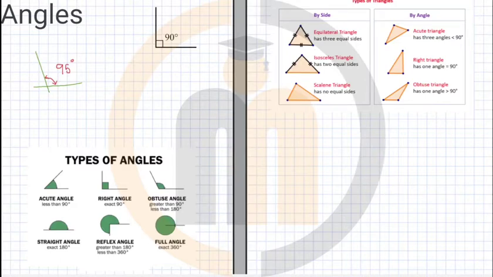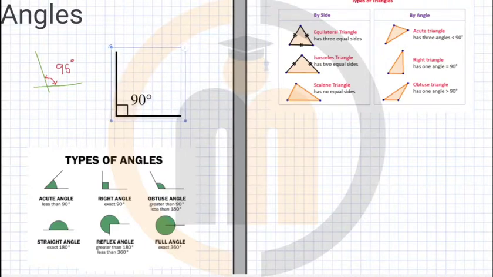A few of the types of angles we should be familiar with: one of them is 90 degrees. This is called a right angle. When a line is perpendicular to another line, it will be 90 degrees. This is quite common.